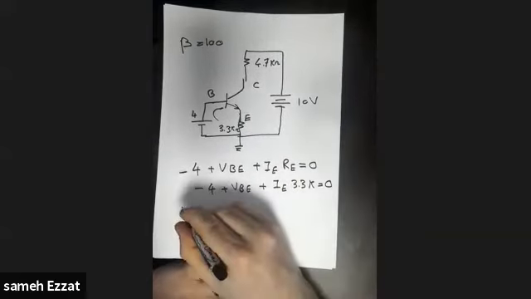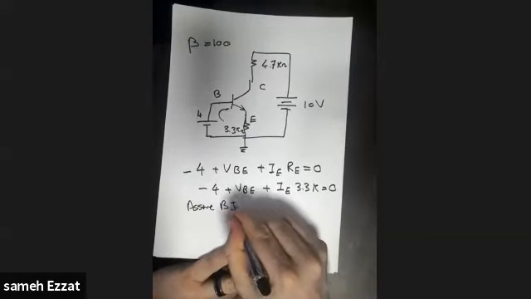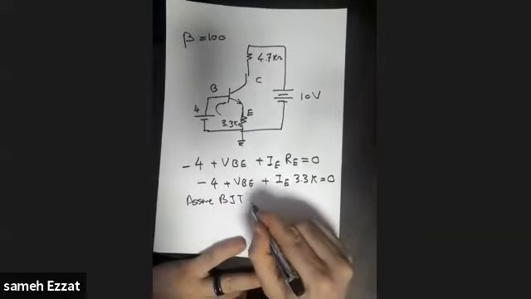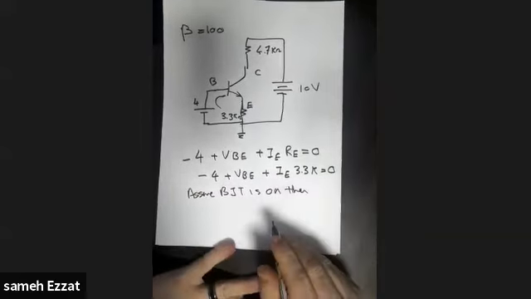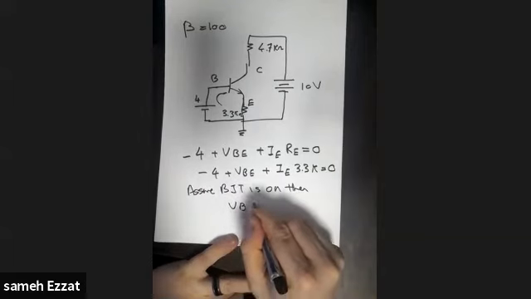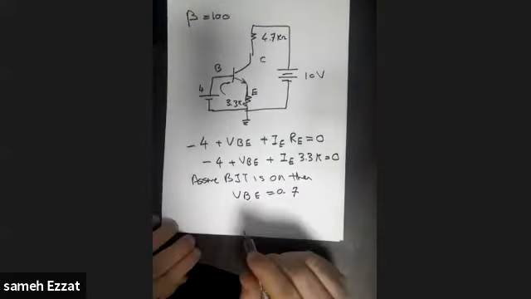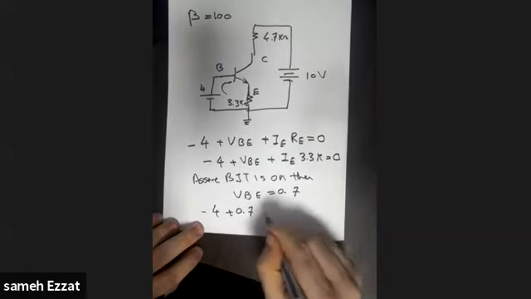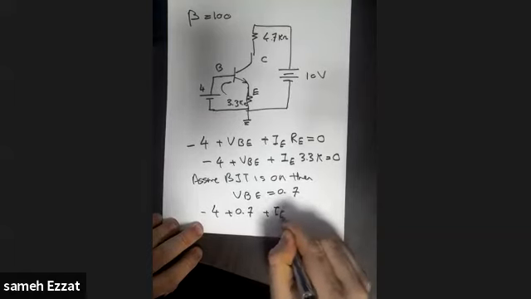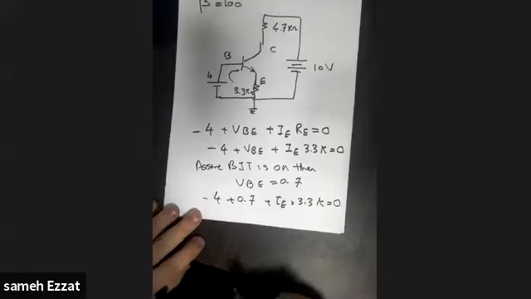So assume the BJT is on, then VBE is equal to 0.7. So you can say -4 plus 0.7 plus IE times 3.3 K is equal to 0.